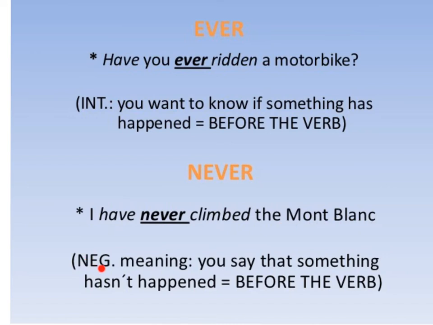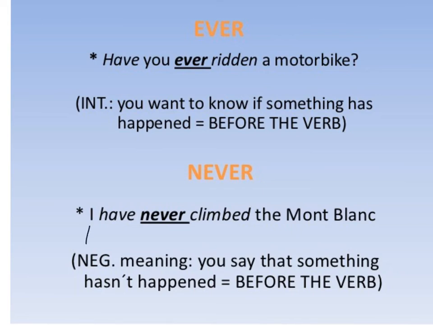That has a negative meaning. Yes, but we need an affirmative auxiliary. You say that nothing hasn't happened, and also before the verb. How can we write that one but now with the word ever?